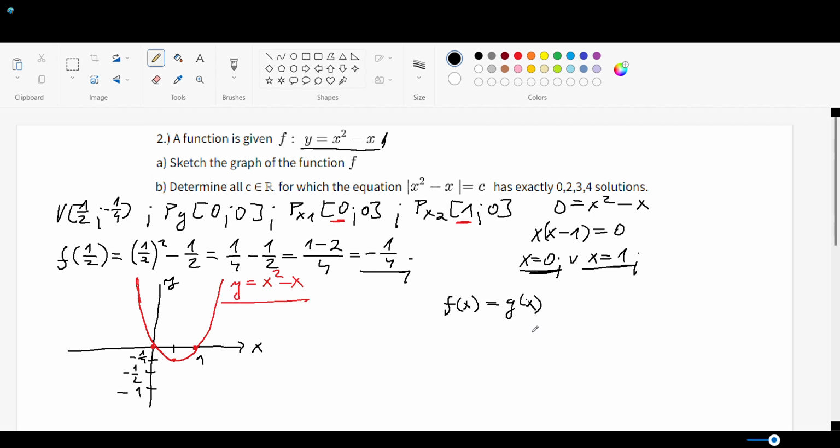And you should realize that the graph of the function g(x), which in this case is for example g(x) can be defined as -2, or g(x) can be defined as 0.